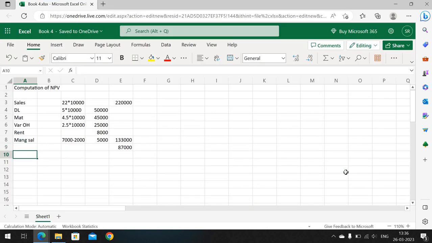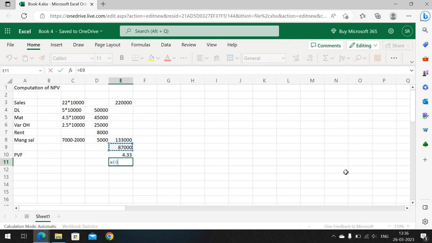Present value factor 4.33. So 87,000 into 4.33, 3,76,710.